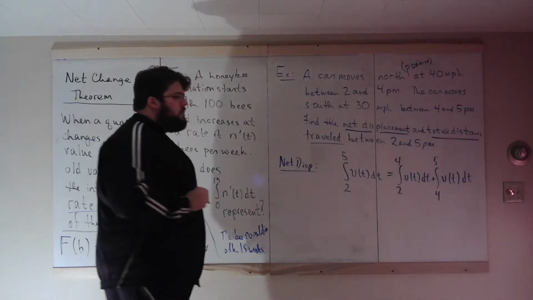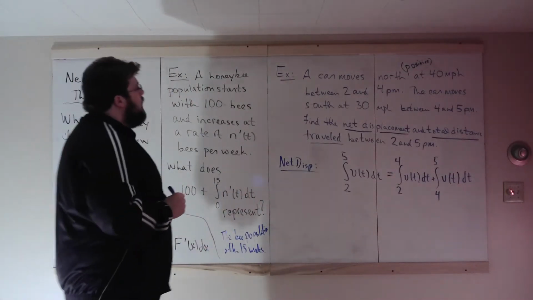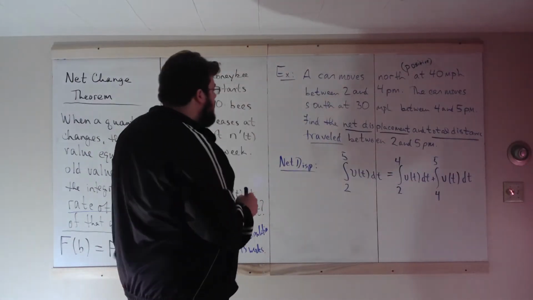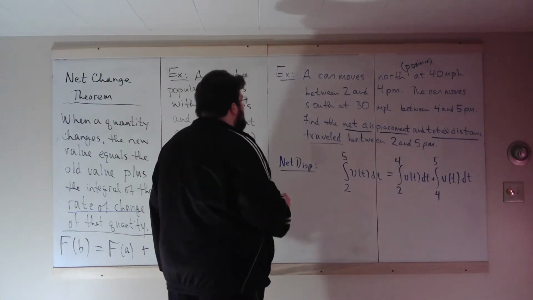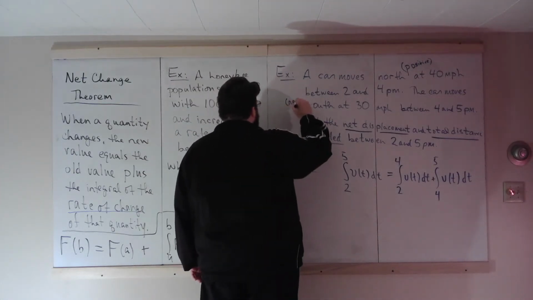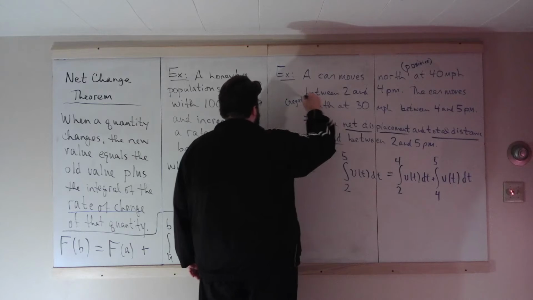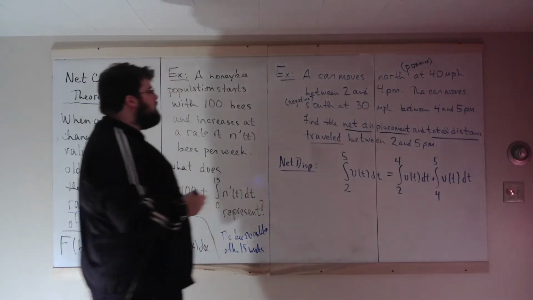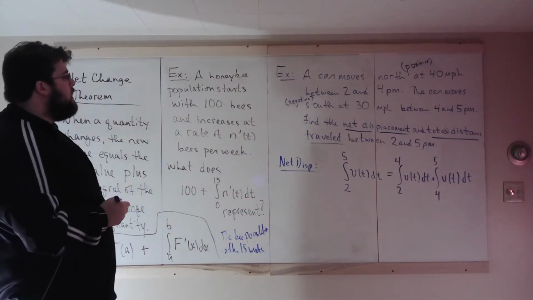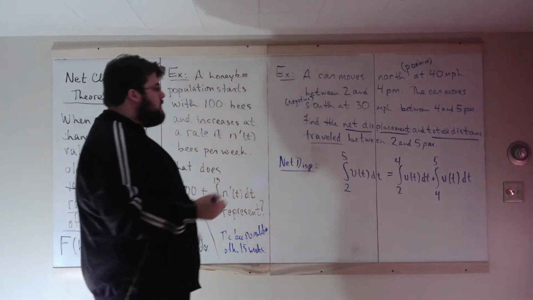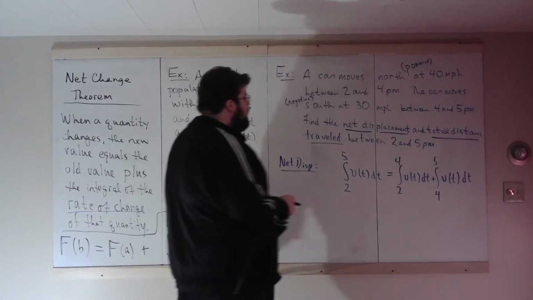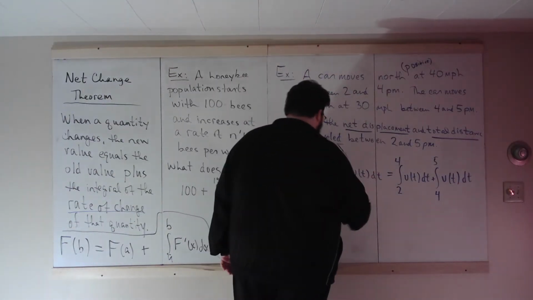Notice, if we went north and then west, it would be a little different, because it wouldn't be a positive and a negative direction. But here we have north and south. So we'll define north as our positive direction and south as our negative direction. Well, the velocity going north from 2 to 4 is 40.